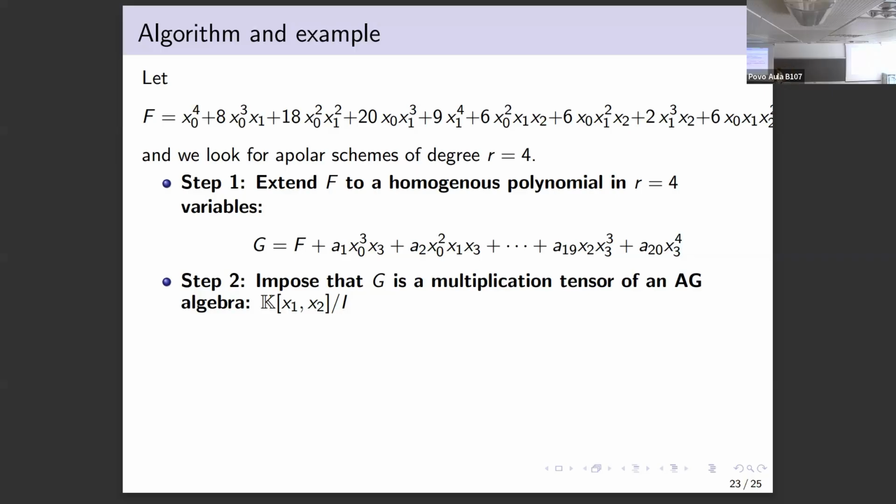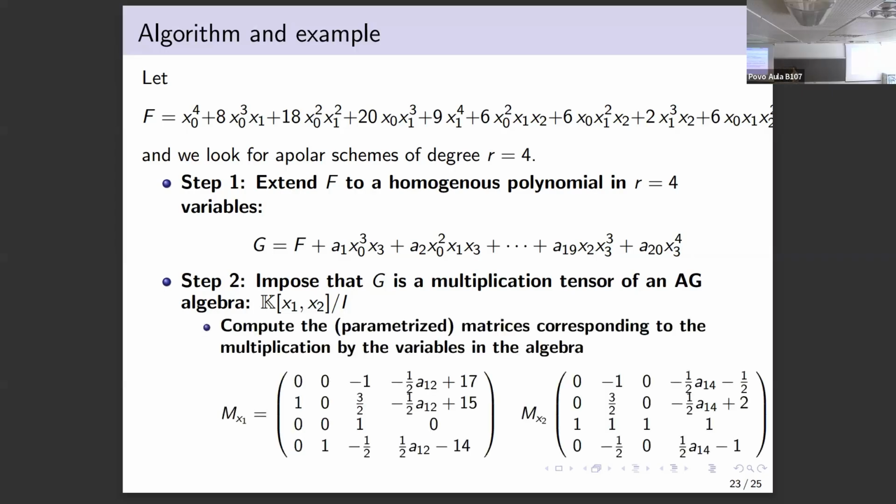How do we impose that g is a multiplication tensor? Well, first we fix a basis. Once we have fixed a basis, some of these coefficients will become numbers because this x3 will correspond to one of the elements in the basis. And once I have this, I can compute what are called the multiplication matrices by the variables in the algebra.